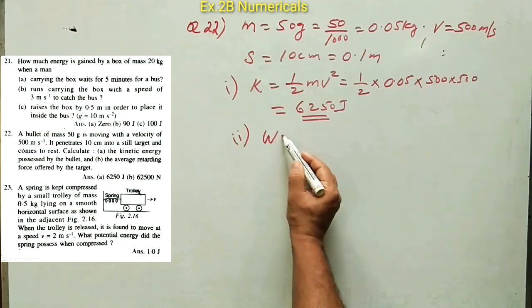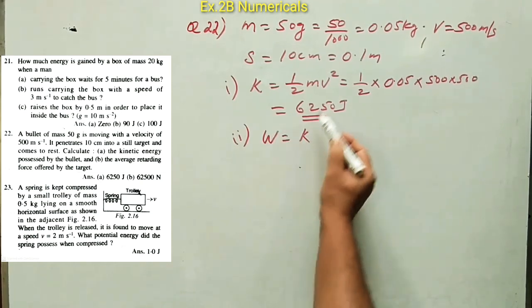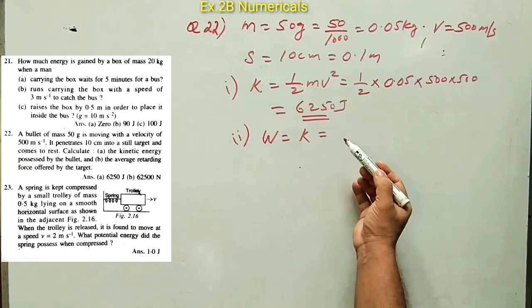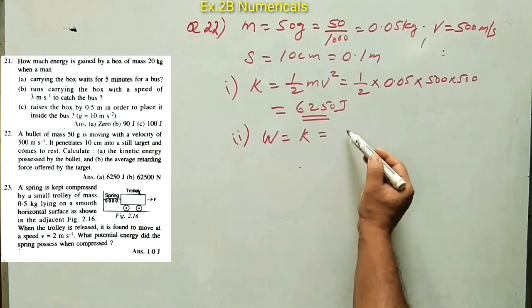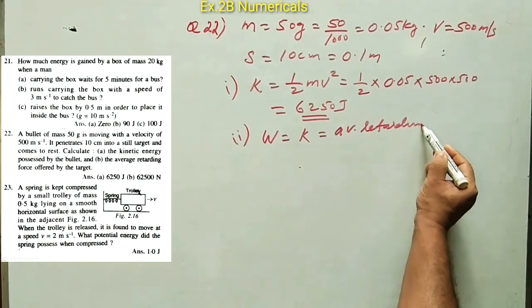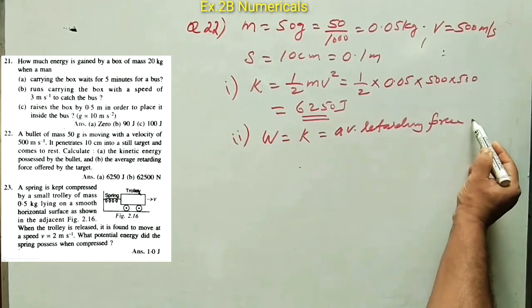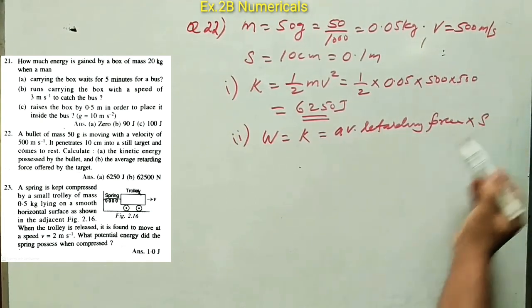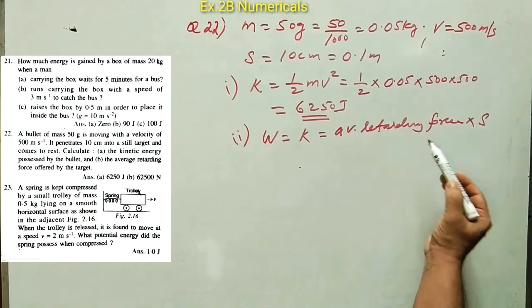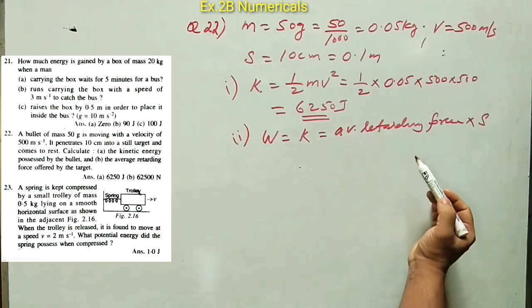So that work done is equal to the kinetic energy possessed by the bullet, and work done is given by the average retarding force multiplied by the distance of penetration S. Clear?